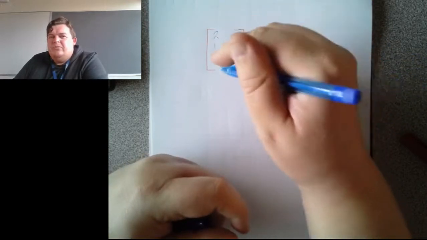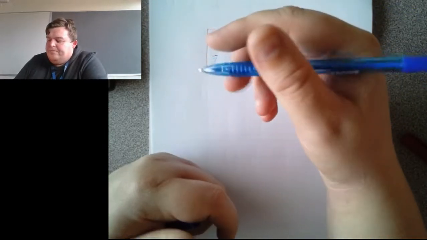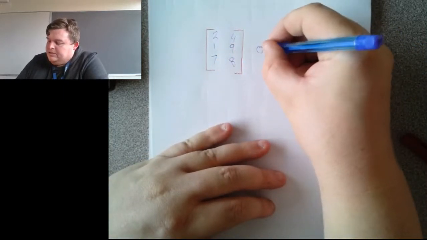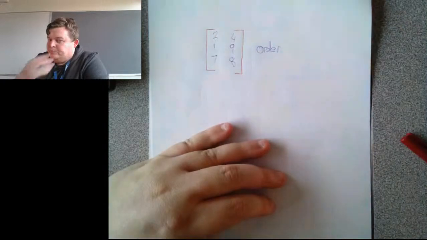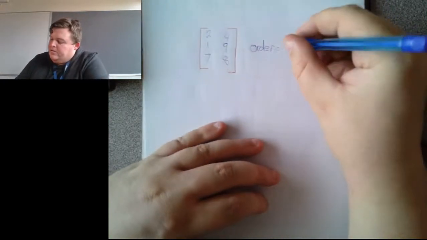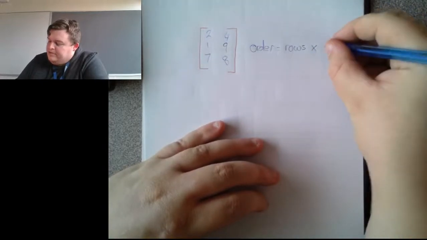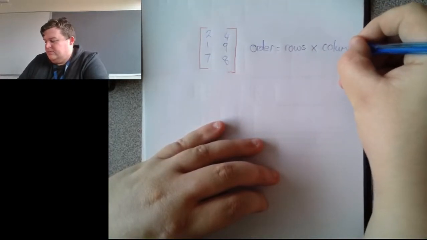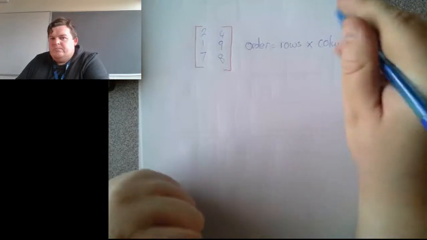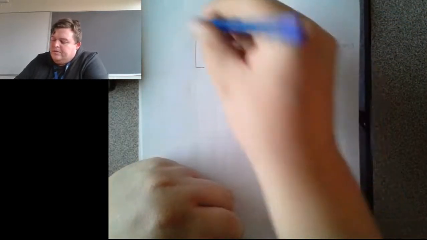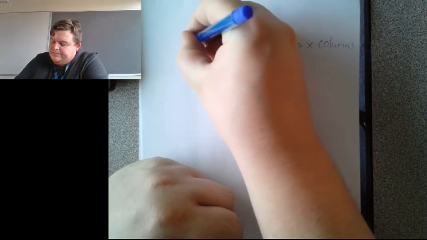So one of the ways that we define a matrix is we talk about the order. What order means is you talk about how many rows there are times how many columns there are. But I don't want a sum. In this example, these are rows.